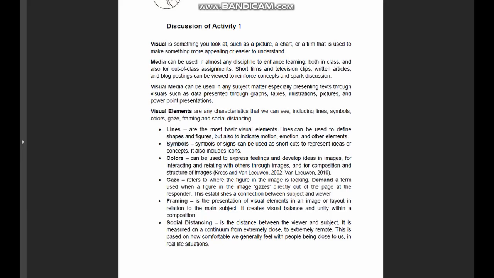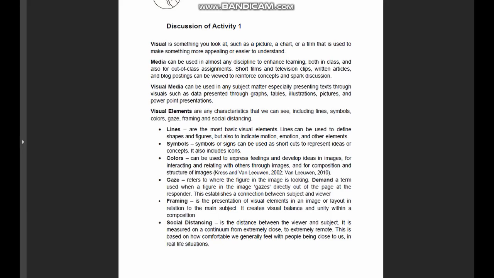Symbols or signs can be used as shortcuts, or any logo of a social media site, or anything that we can see that we can interpret as an idea or concept. Next, we have colors. Colors can be expressed in our feelings and develop ideas.